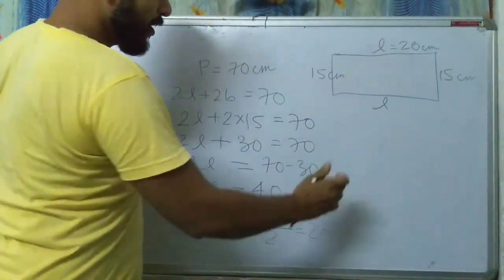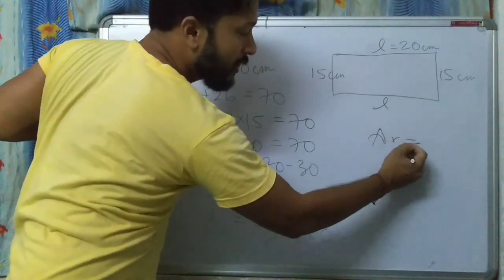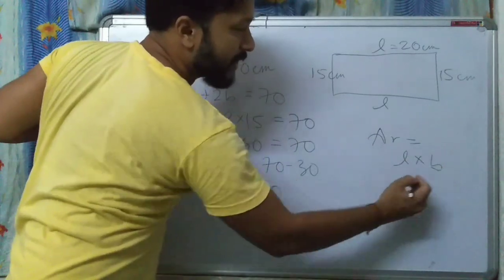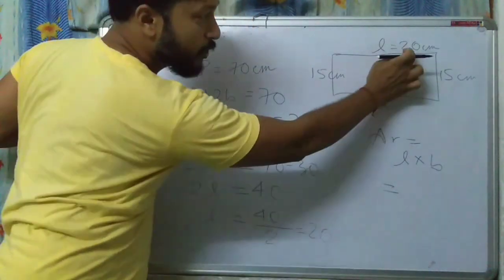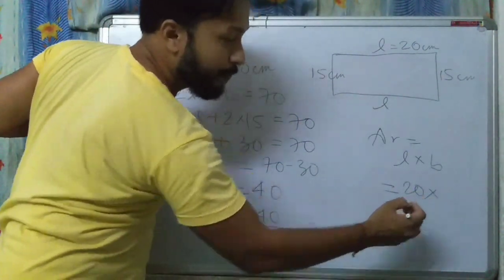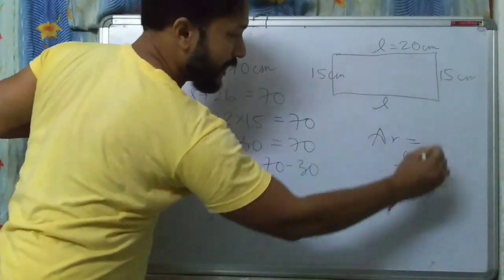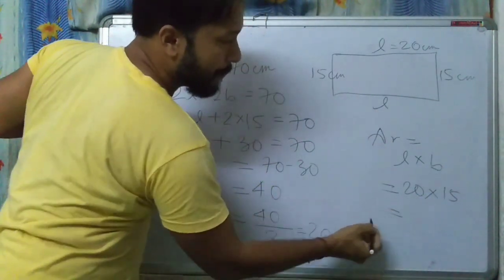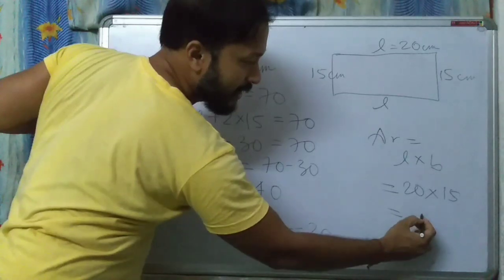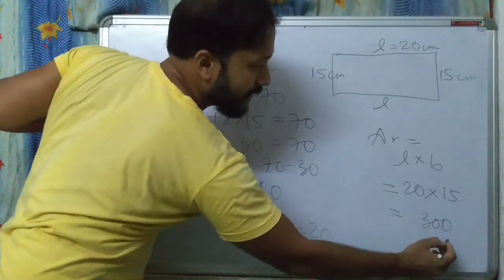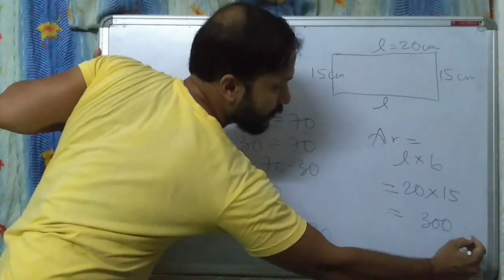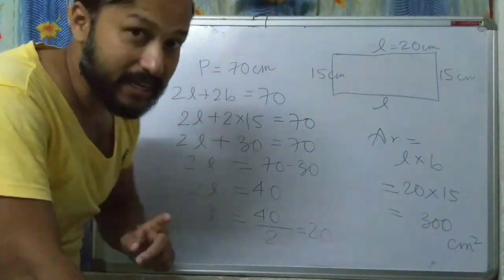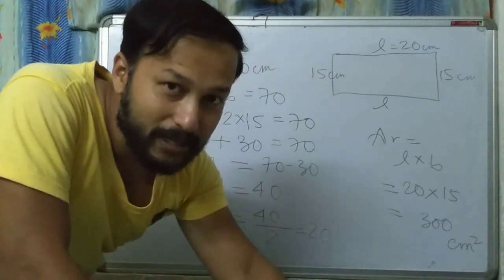So area equals length into breadth. What is the length? 20, into breadth. What is the breadth? 15. Just multiply 20 into 15. 300 centimeter square.